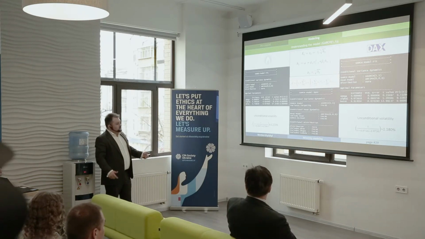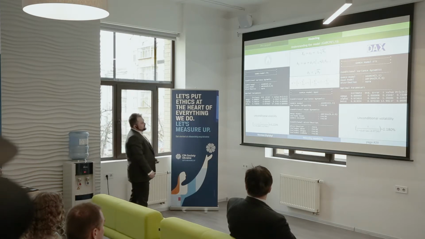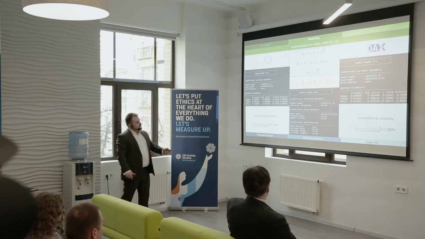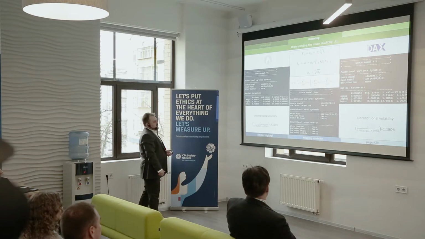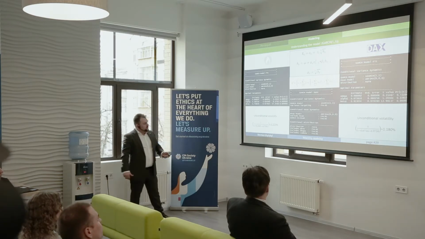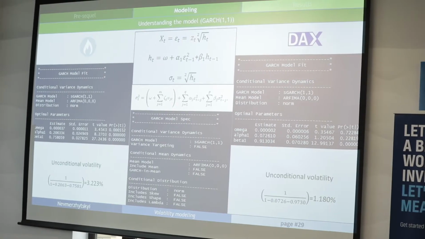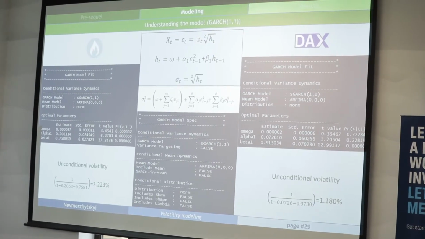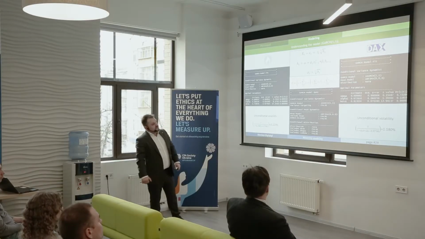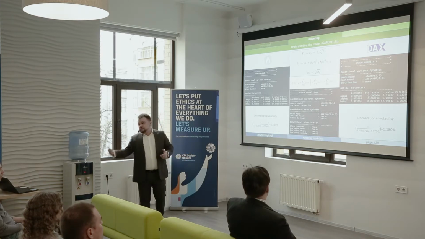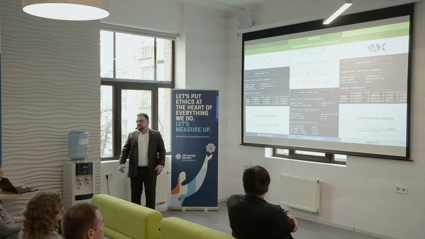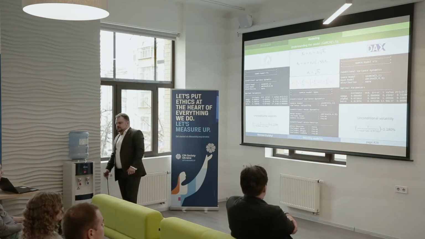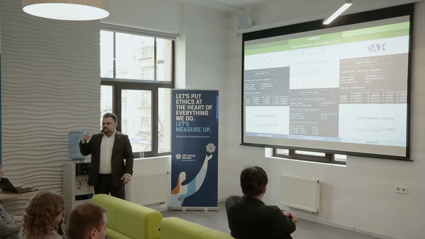It's quite similar for financial markets, and this is the same model calibrated on daily data of the German index. We have alpha only 7%. Only 7% is the sensitivity of the model to the new information, and 91% of our expectation is based on the previous expectation.